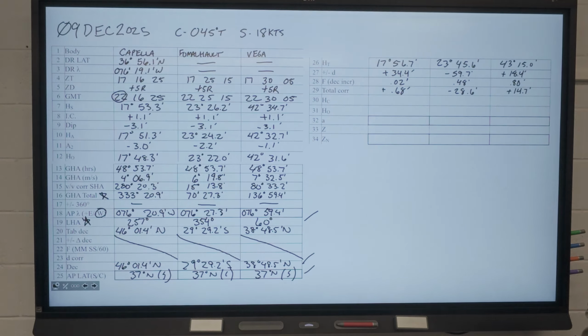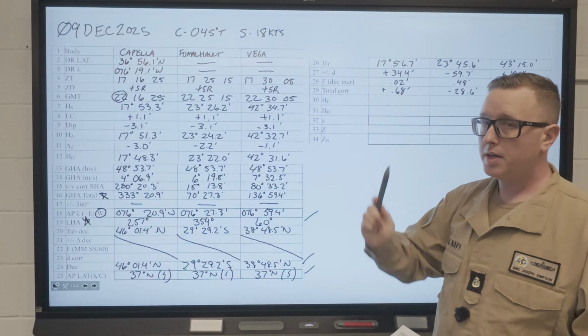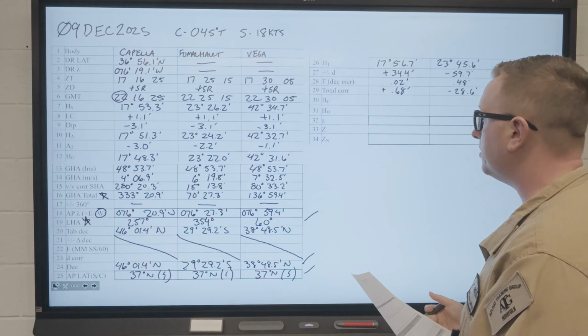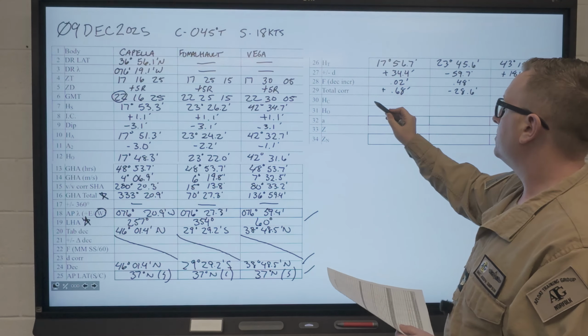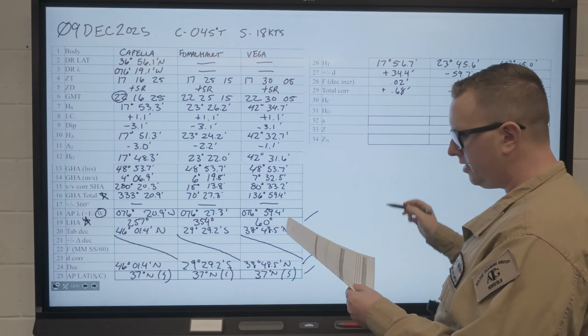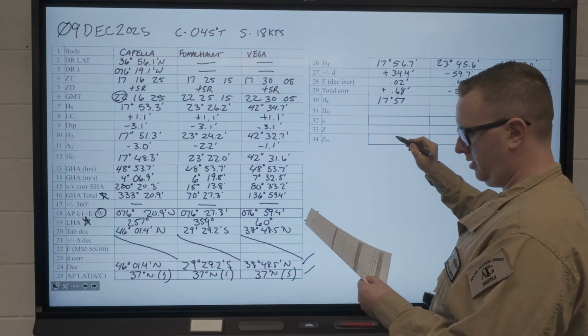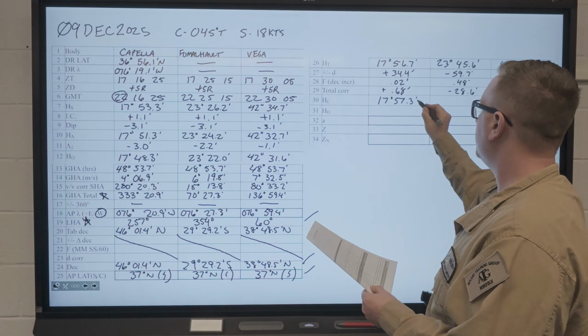Right. With that total correction, all you're going to do is take the total correction and add it to your HT value, your tabulated altitude. With the HC for Capella, 17 degrees 57.3 minutes.